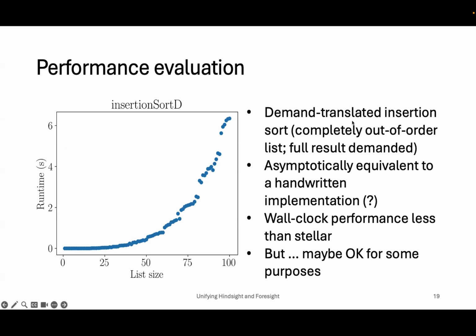The performance of this method is in some ways somewhat questionable. This is an example of an insertion sort demand function. And you can see that the performance for 100 elements is 6 seconds, which is not so great.